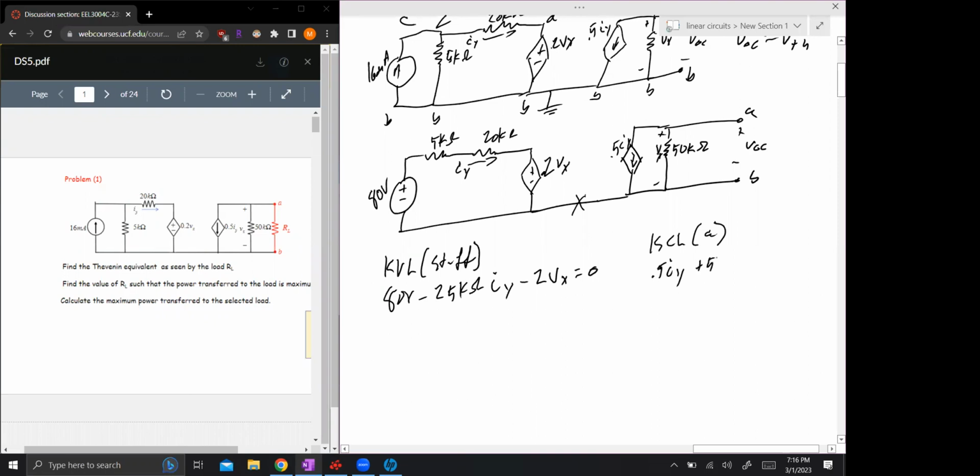And then plus, wait, how would this go? If you have V equals IR, you have I is equal to V over R. So you would have VX over 50 kilo ohms. There's obviously no current coming in from the open circuit voltage, so we set that equal to 0.